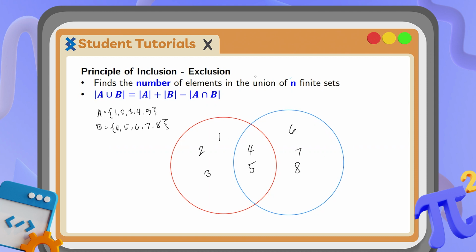So we want to count how many elements are in the union of the sets. If we count it like so, we would have 1, 2, 3, 4, 5. So there are 5 elements in A. Then there are 5 elements in B. So therefore, the union would be 10 elements, right?